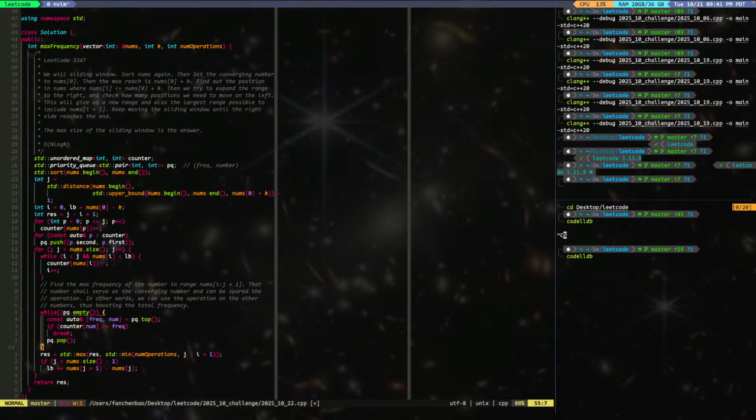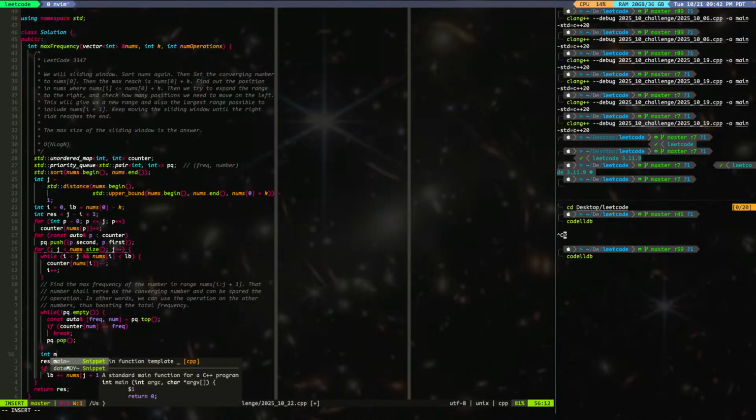So now we know the thing that we don't need to operate on. So now we say int converge frequency shall equal pq.top dot first.